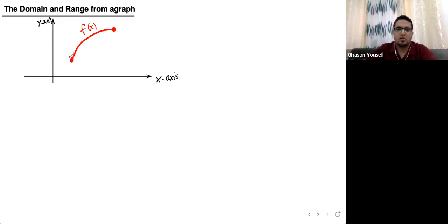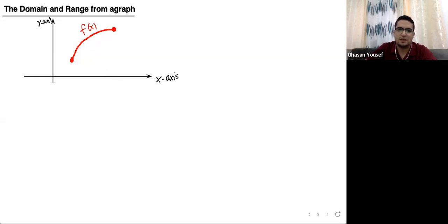So you should know the domain of the function. If my function looks like this, I can obtain the domain and the range from the curve. The domain of this curve is all values used for this function, all values of x which define the function.